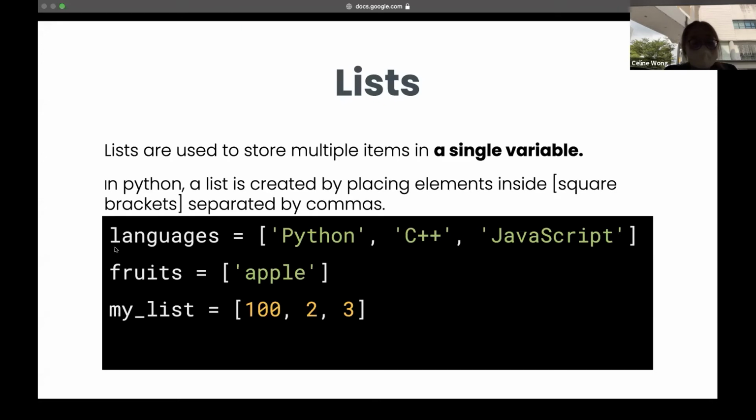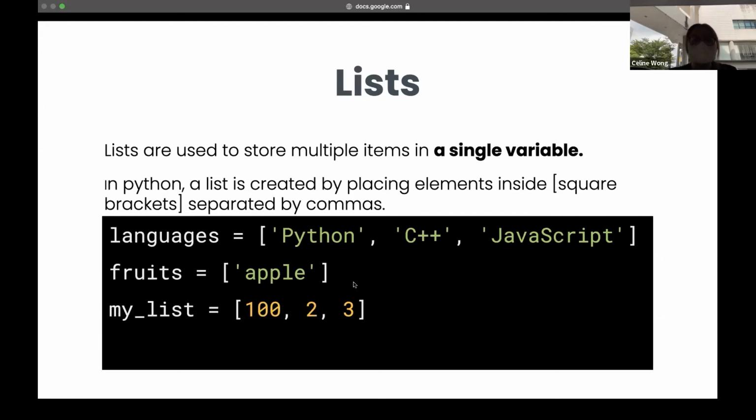Next, we have the fruits list with 1 element of the data type string, apple. And finally, we have the list my_list with 3 elements of the data type integer: 100, 2, and 3.